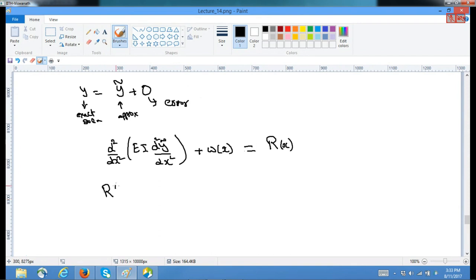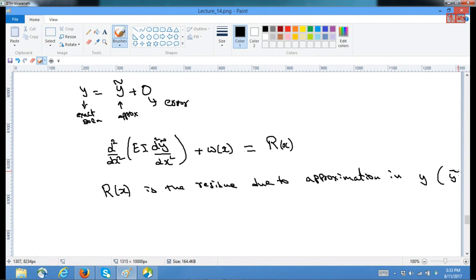So where r of x is the residue due to approximation in y, that is, by substitution of y tilde. This r of x would vanish if it were the exact solution, but we don't start with an exact solution, so it's just an approximation. Since it is just an approximation, we are left with the residue.